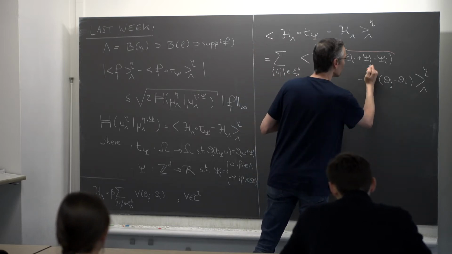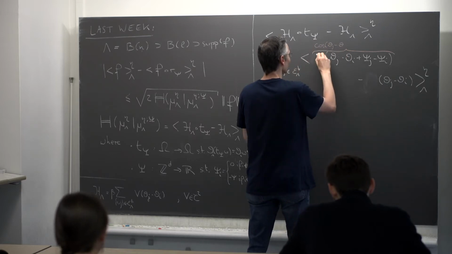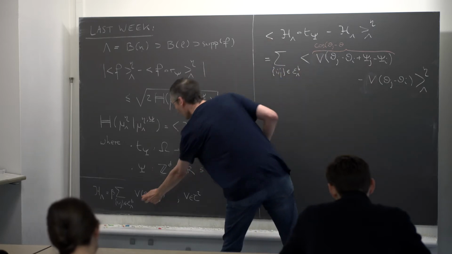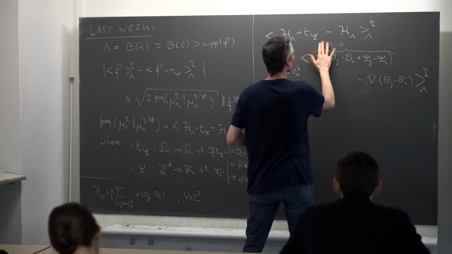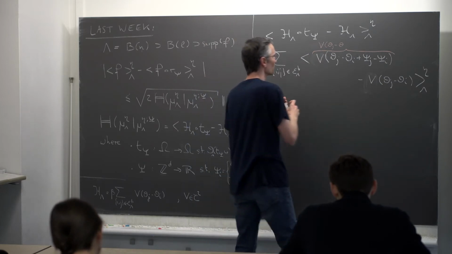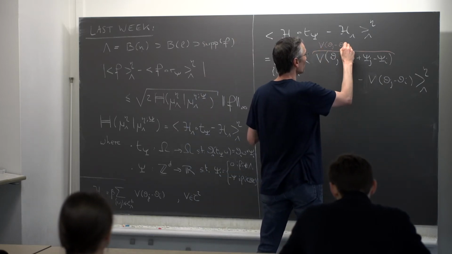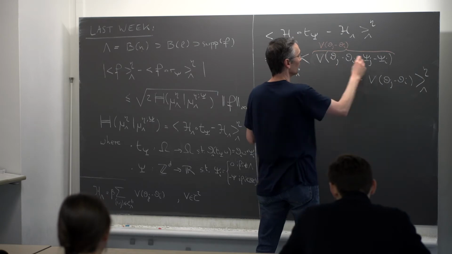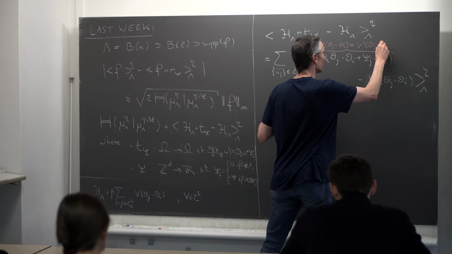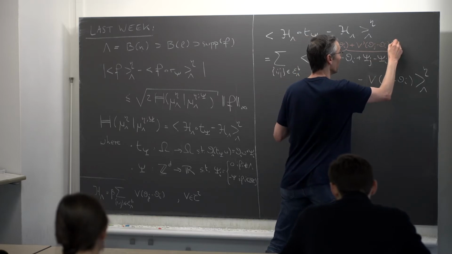It's v. I mean, it could be cosine, but I want a general statement at the moment. So some v, this v, which is here. Cosine would be the case of the XY model, but I just want a general situation. So it's v of theta j minus theta I plus v prime of theta j minus theta I, psi j minus psi I.